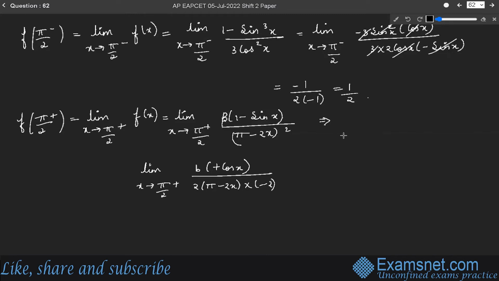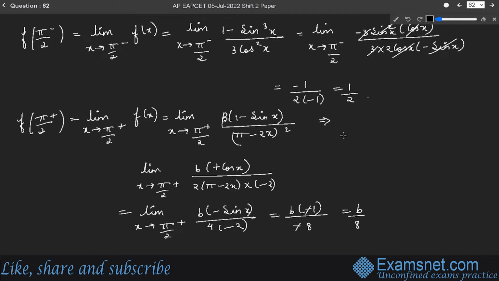So again, applying the L'Hospital's rule, it will be limit x tends to pi by 2 plus b into minus of sine x divided by 4 into minus 2, which will be equals to b into minus 1 divided by minus 8. So minus and minus will be cancelled. So it will be equal to b by 8.